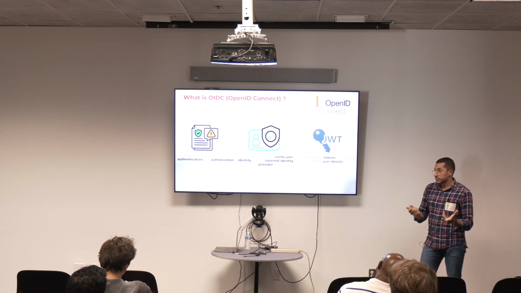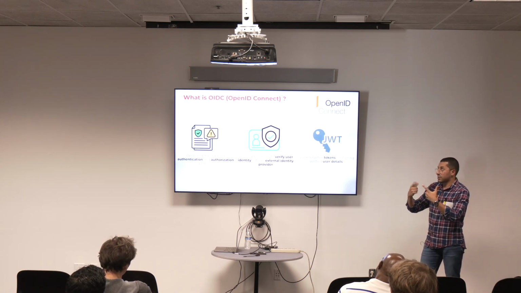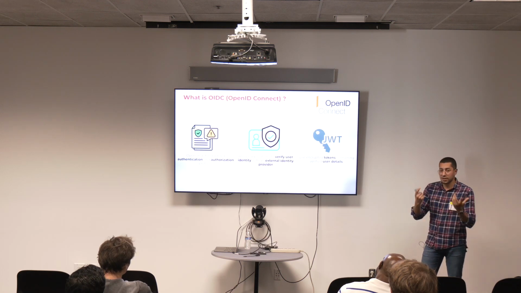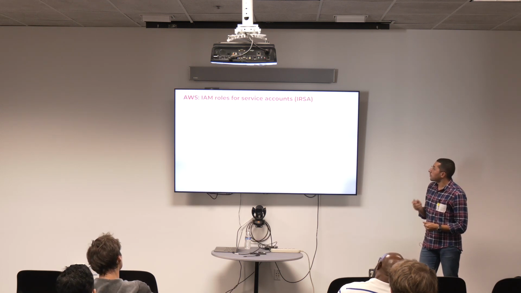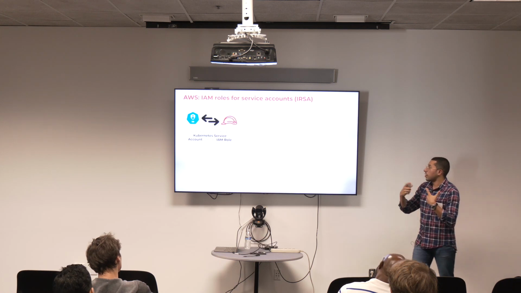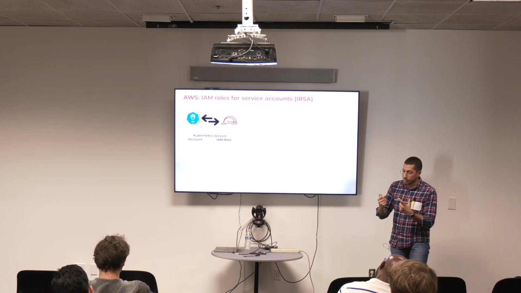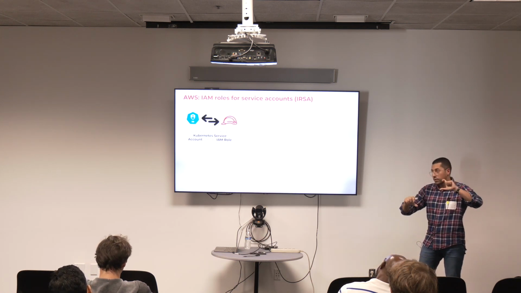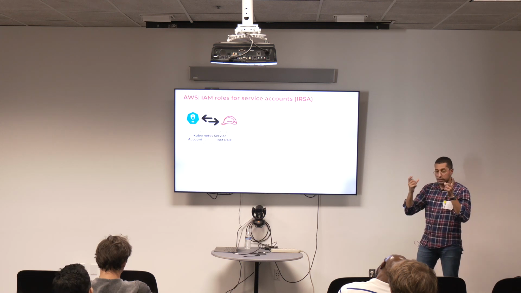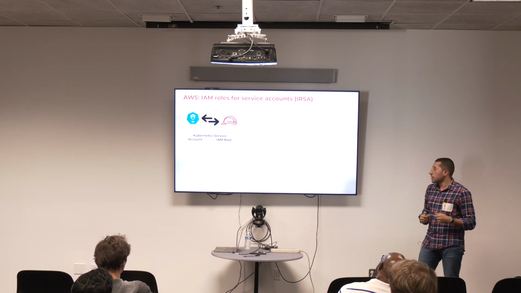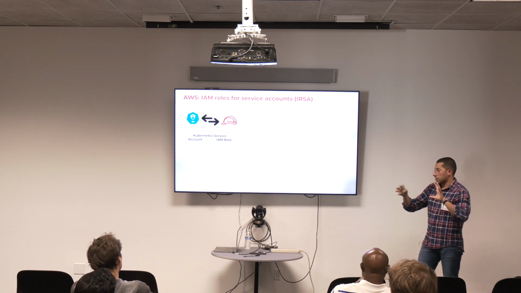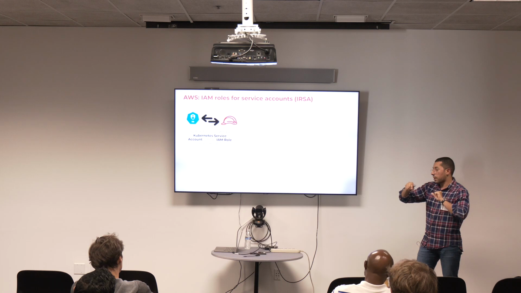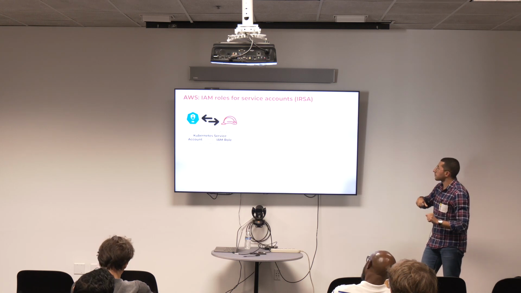In our case, it will not be a real user, it will be a service account in the Kubernetes context. So IRSA is a system to associate a service account to an IAM role, and it uses OIDC to do the link and to do the authentication and authorization part in this system.